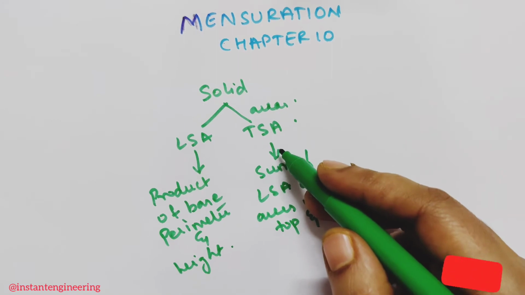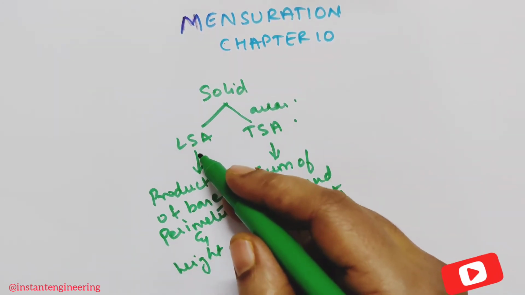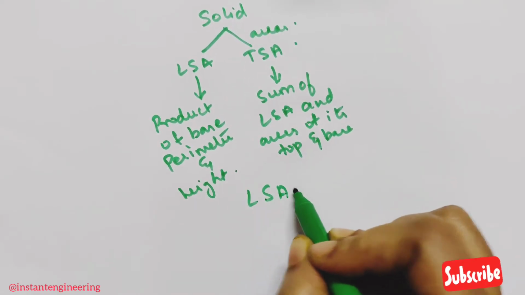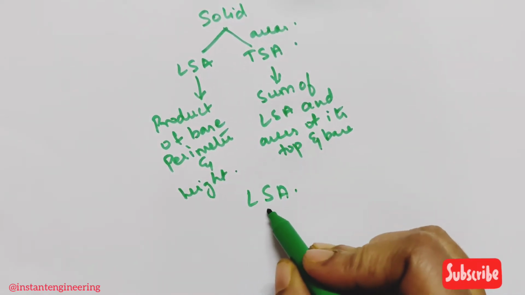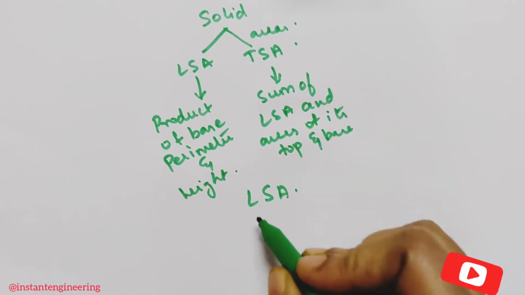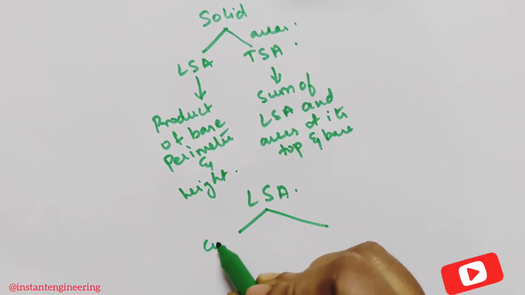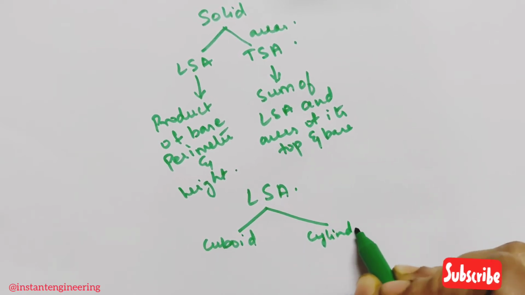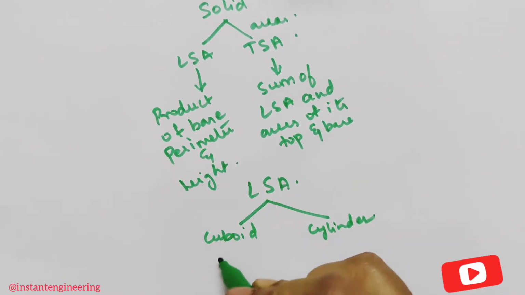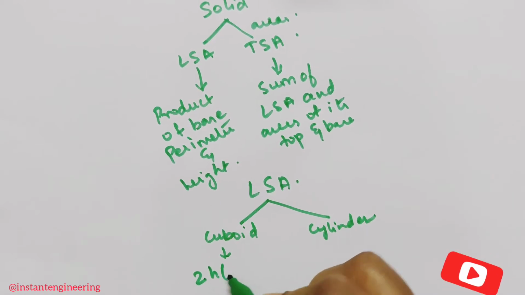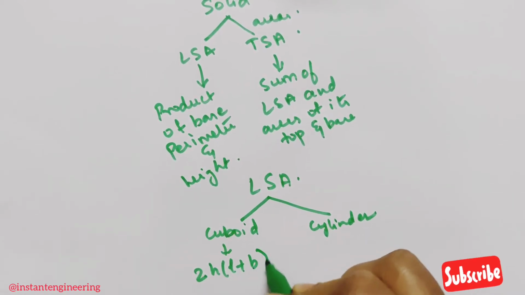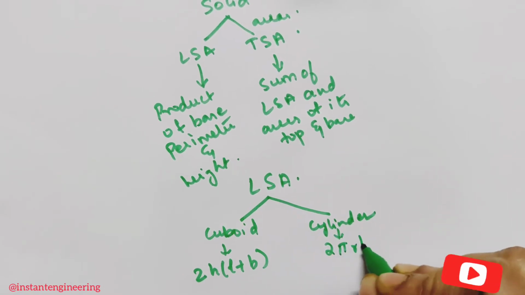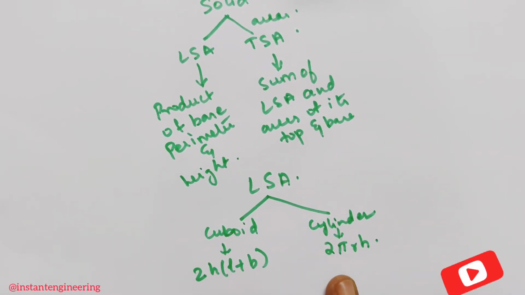Now we'll see in detail what LSA is. If you take LSA for cuboid and cylinder, then the lateral surface area of a cuboid is 2h into (l plus b), and for a cylinder it is 2 pi r h. Clear?